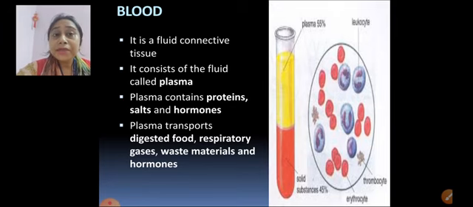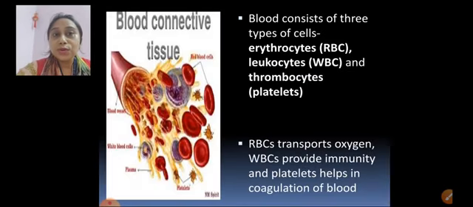That means the blood consists of three types of cells, which are dissolved into plasma. They are erythrocytes, which we commonly call RBC or red blood cells, leukocytes, which we commonly call white blood cells, and thrombocytes, which are also called platelets, right?